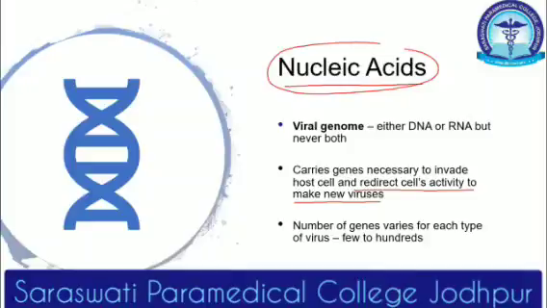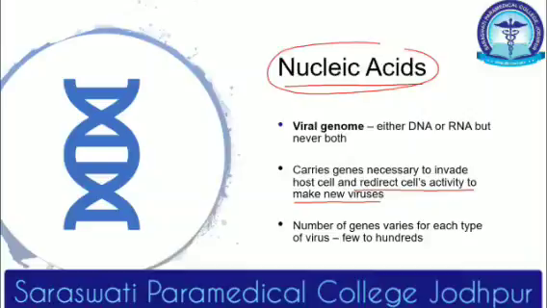So the virus's job is not to do everything on its own. That's why a virus is very simple and very lightweight and very small, because they don't need to carry proteins inside the cell.